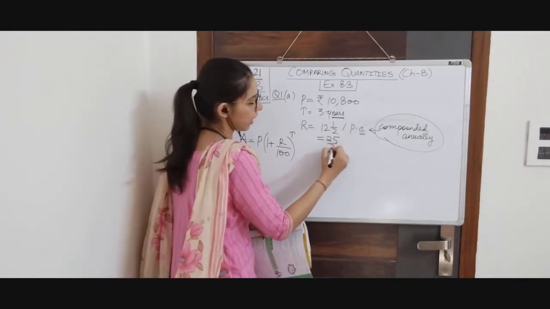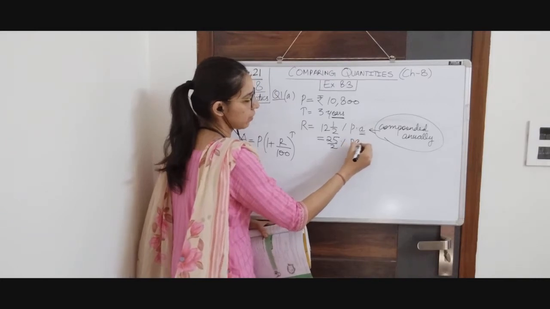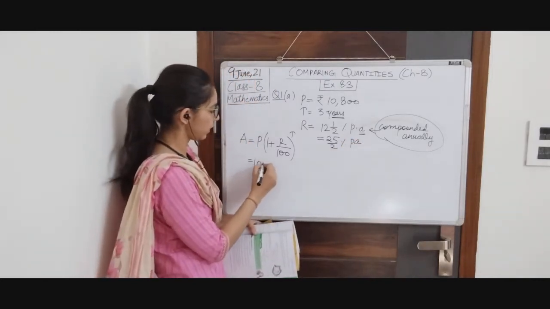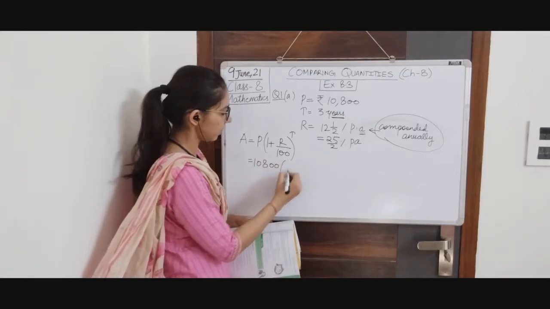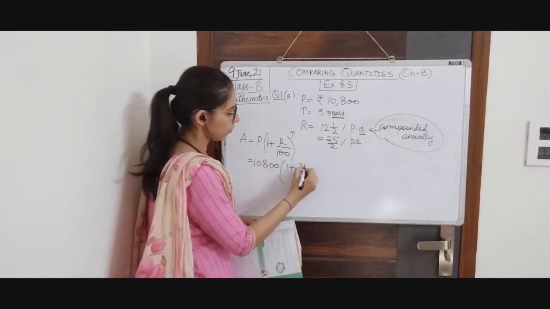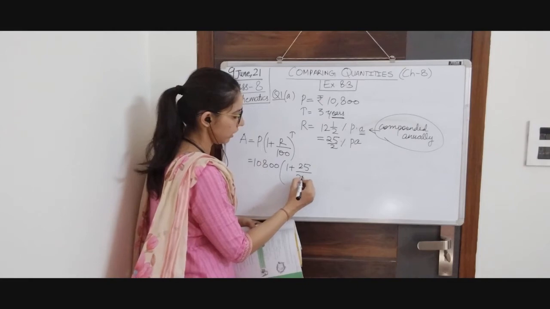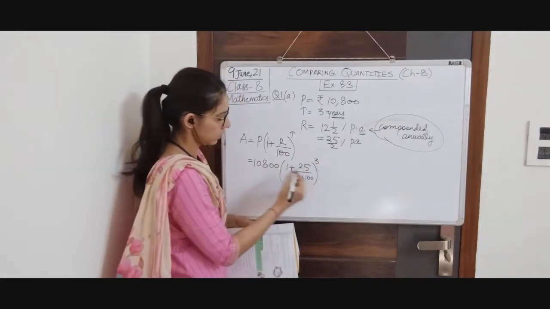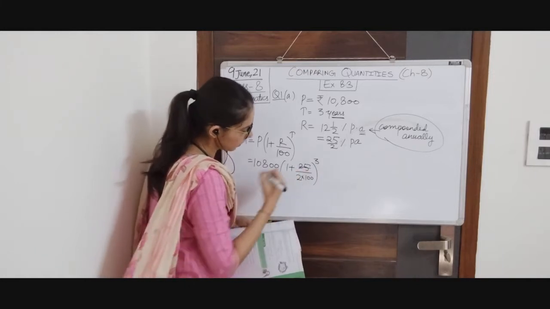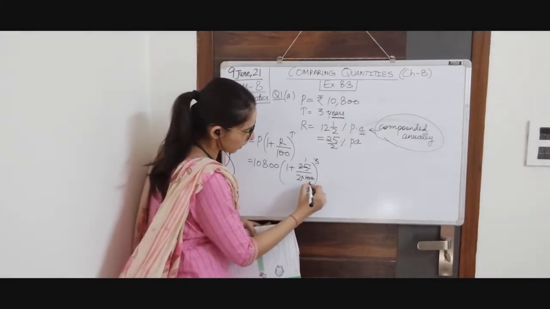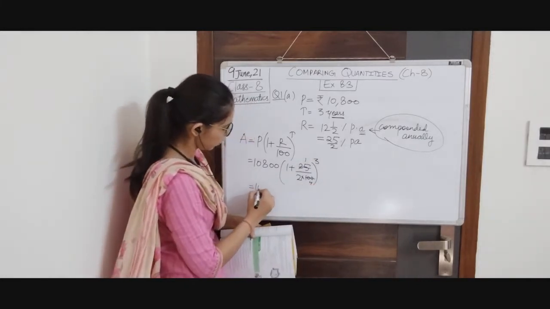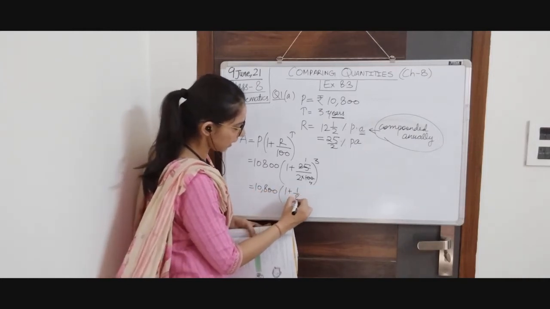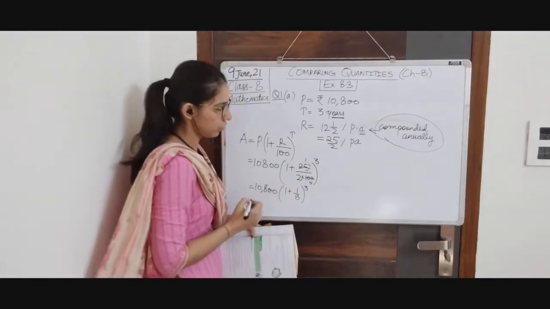It will be 25/2% per annum. So it will be equal to 10,800 times (1 plus 25/2 into 100) to the power T, that is 3 years. We will make cancellation here. It will be equal to 10,800 times (1 plus 1/8) to the power 3.